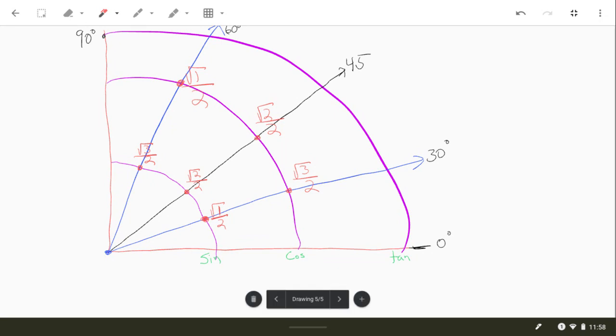The reason I'm labeling it like this is so you can see a pretty clear pattern. Sine goes 1, 2, 3 counterclockwise, whereas cosine goes 1, 2, 3 in a clockwise direction. You just get root 1 over 2, root 2 over 2, root 3 over 2.